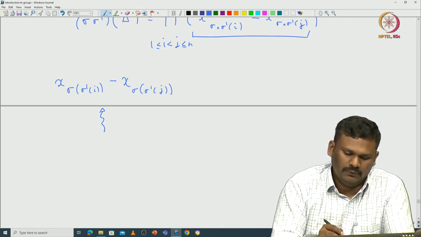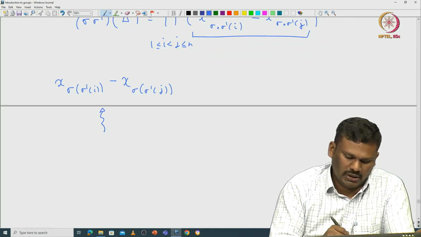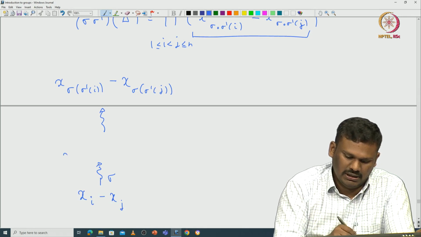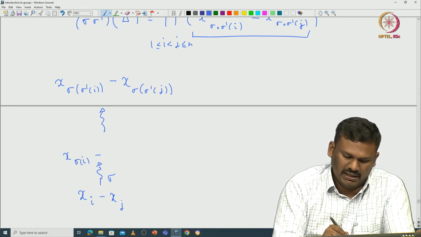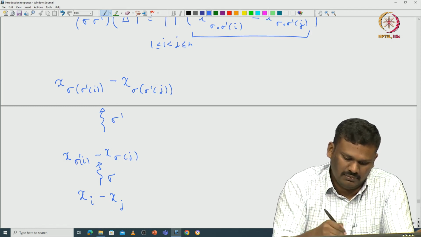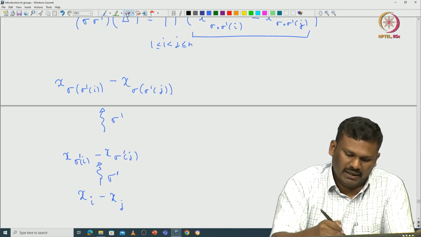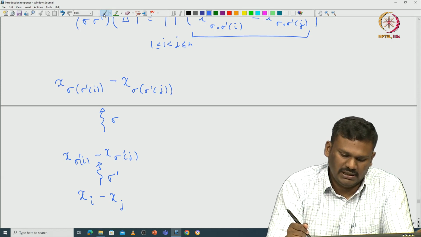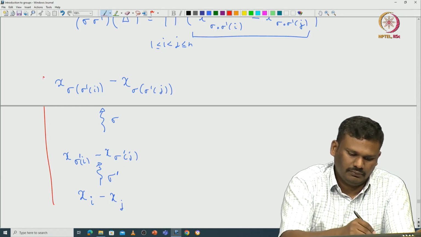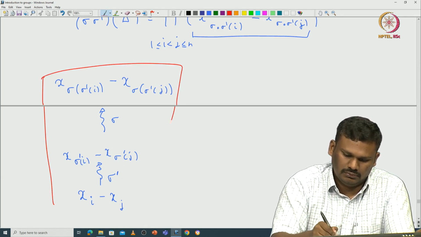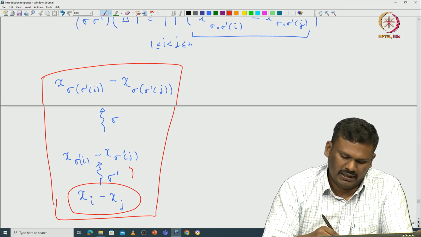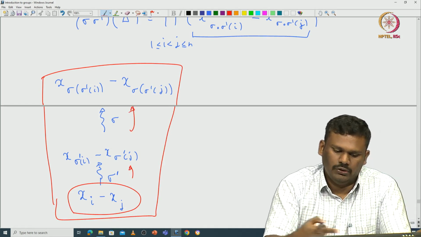You start with x_i minus x_j, first you apply sigma dash, and then you apply sigma, and you get this monomial.